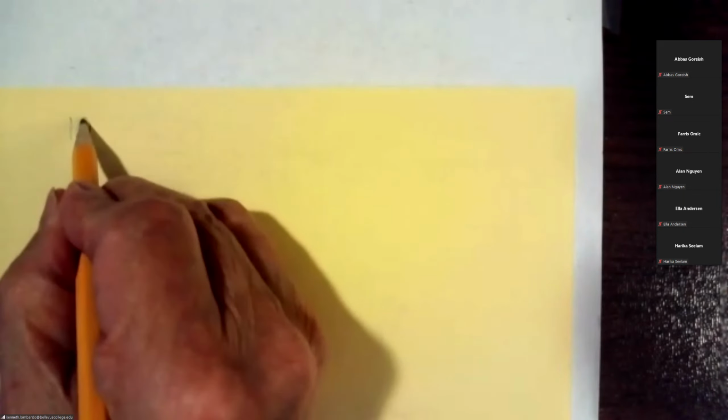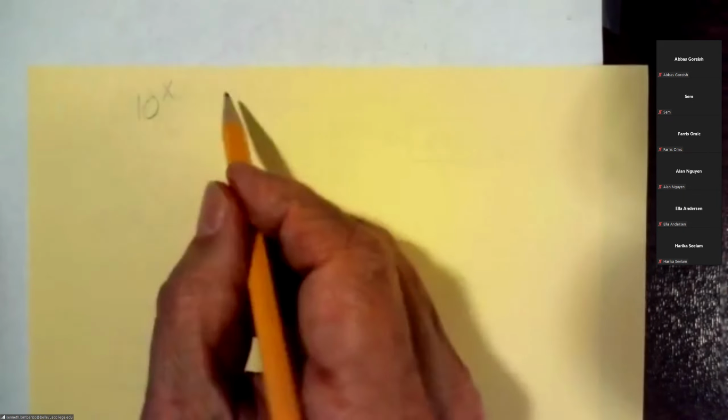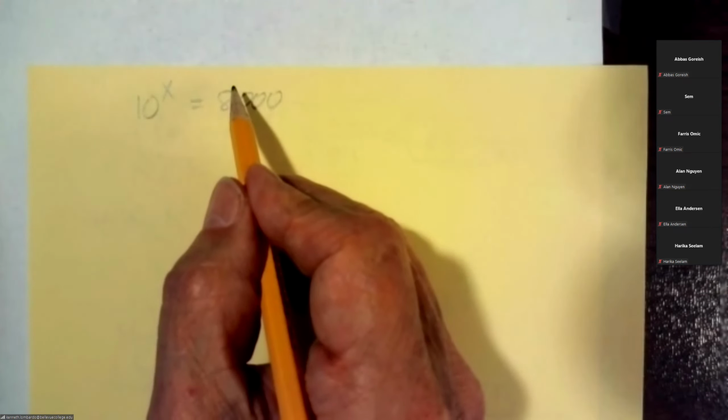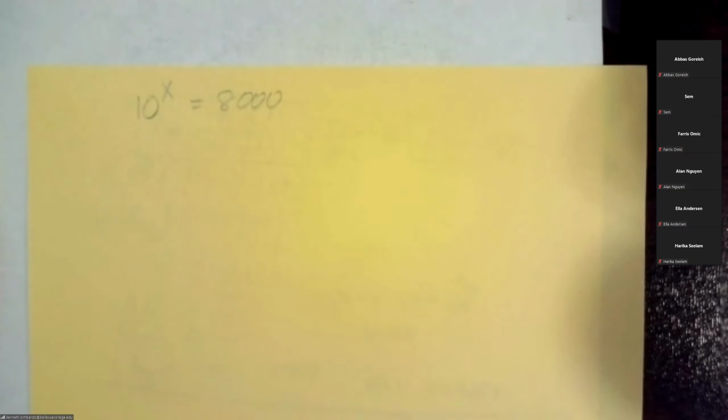Say I have 10 to the x equals 8,000. What am I going to do there? We'll go ahead and solve that. Let's get a new volunteer to help us out with that one, so we don't have the same people having all the fun.